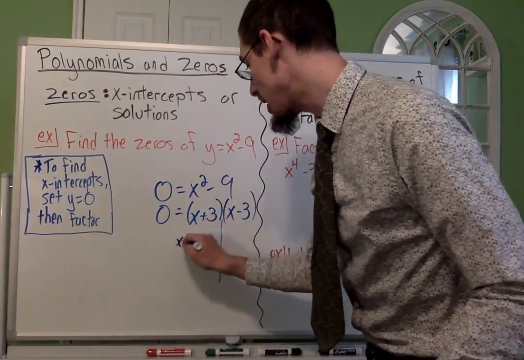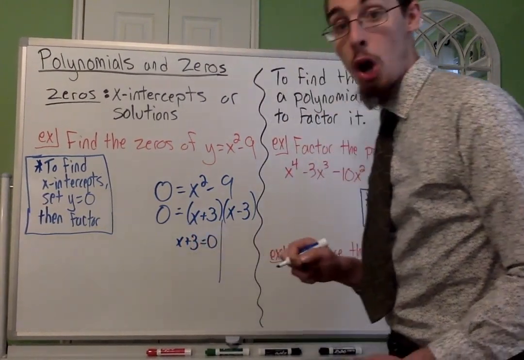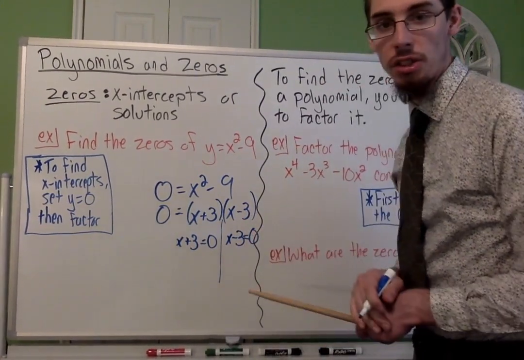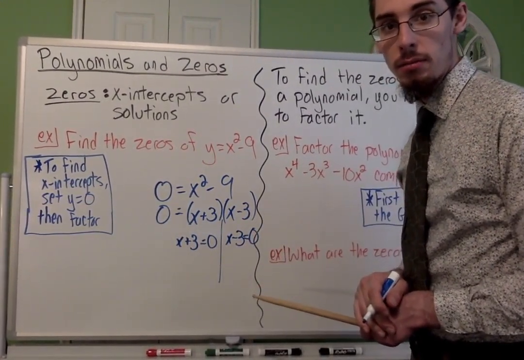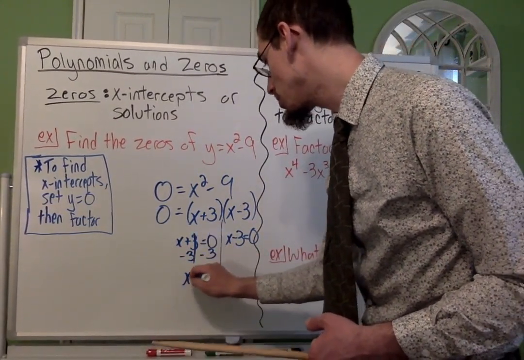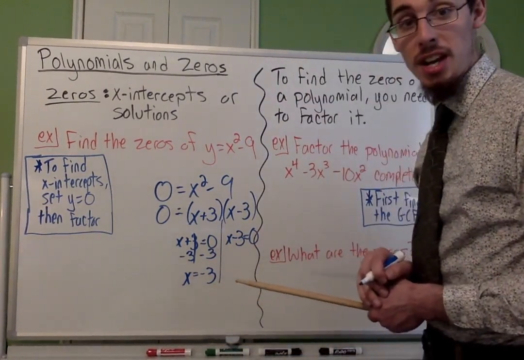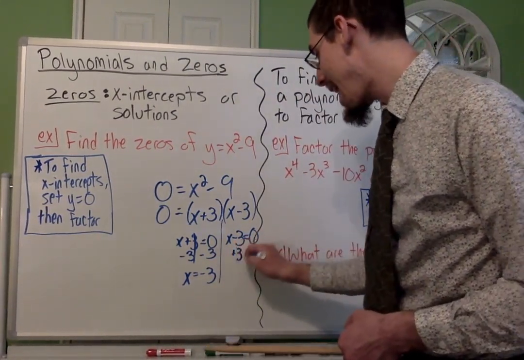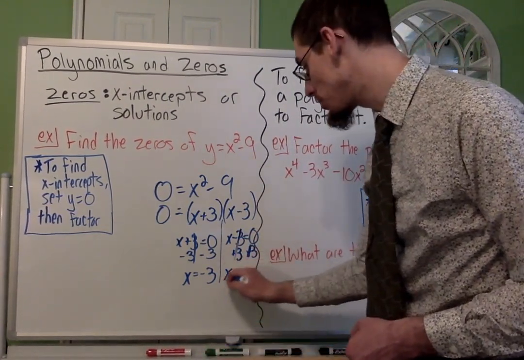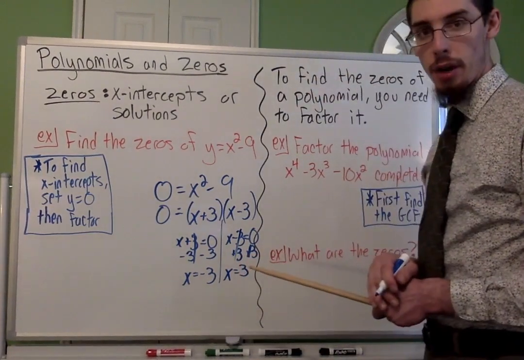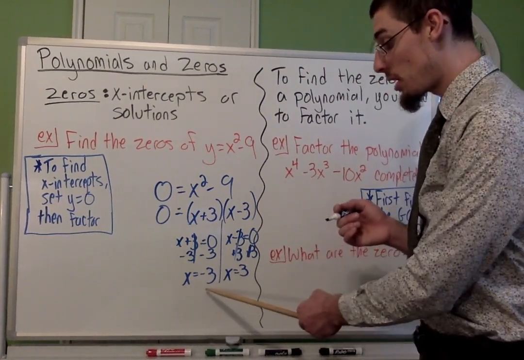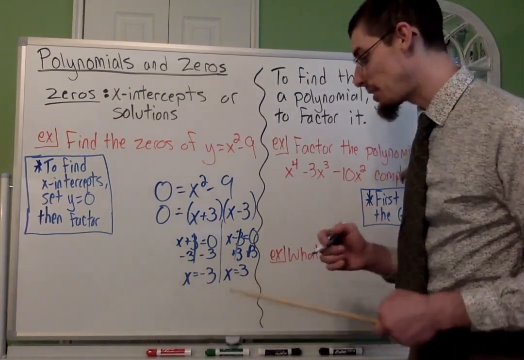Either this x plus 3 is equal to 0, or this x minus 3 is equal to 0, right? And then you just solve those equations. Subtract 3. So one of your zeros, x equals negative 3. And then if I add 3, one of my zeros is x equals positive 3. So the zeros for this function are negative 3 and positive 3.